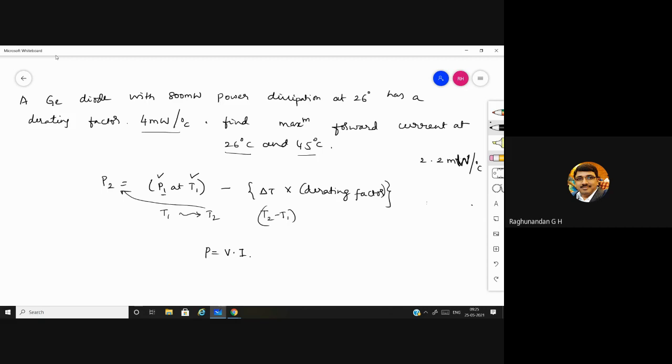So the maximum current will be for 45 degrees only, because unless you cross some 50 or 60 degrees, the diode's behavior will not change. When you cross 50 or 60 degrees, the diode characteristics will keep on changing. There might be a sudden rise of current.